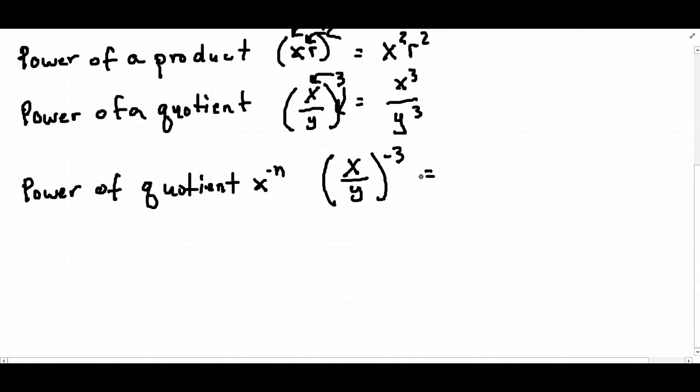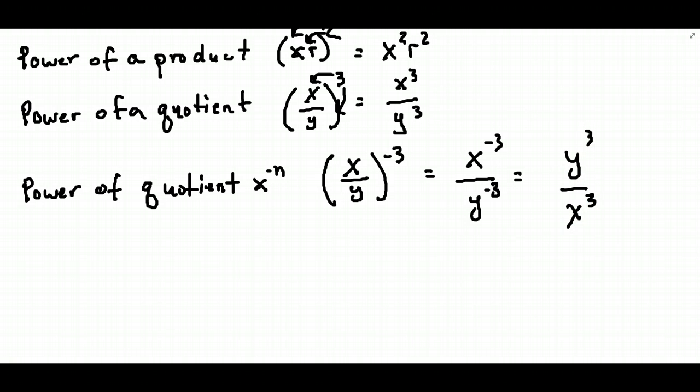Again, you have to do the same thing. Distribute that negative 3 power to each part of your quotient, numerator and denominator. So then you get x to the negative third power over y to the negative third power. And you can't leave it like this. So you have to do the multiplicative inverse of both your numerator and your denominator, which flips both of them. So then you get y cubed over x cubed.